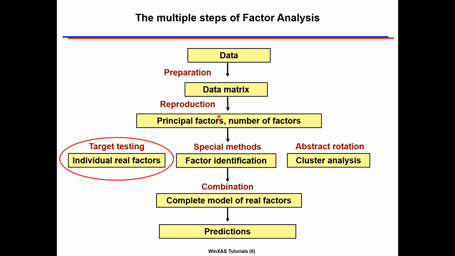Thereafter, factor analysis branches out to various approaches used to determine those recognizable real factors that correspond to the chemical identity of the phases in our samples. The procedure implemented in WinXAS and used here is referred to as target testing or target transformation. Eventually, the combined information of the number of phases and the chemical identity of those phases can be used for quantification.